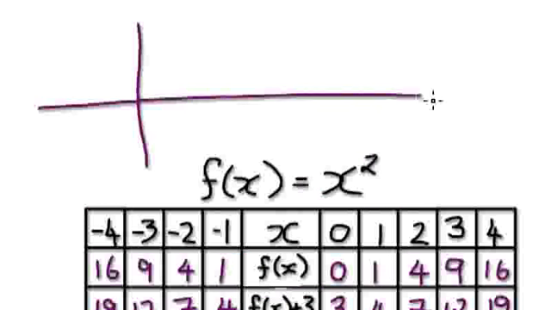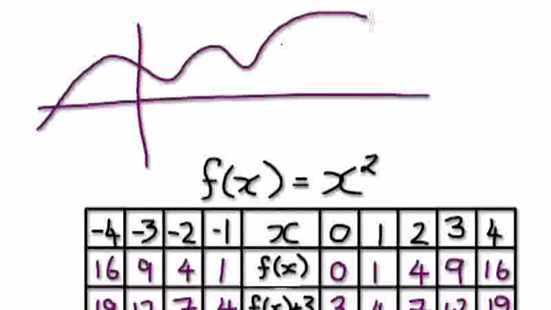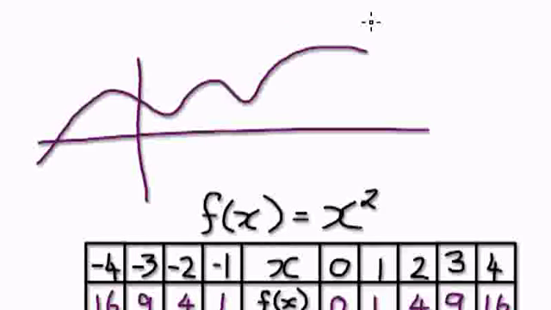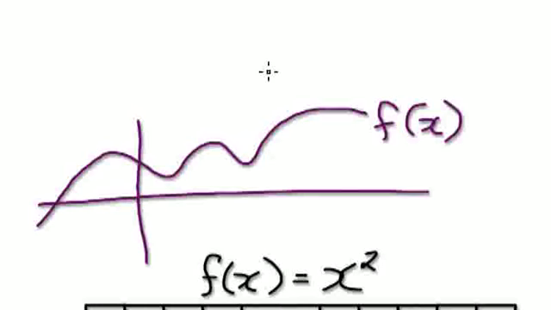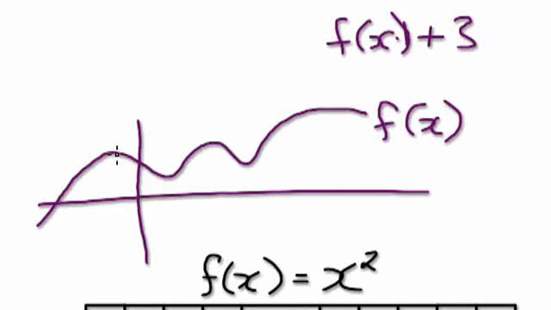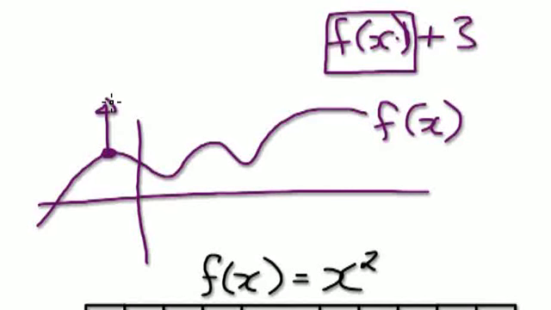Suppose you have a function looking like this. It doesn't matter what function. Let's say this is f of x here. Now, when you want to investigate f of x plus 3, it would be whatever the old value was, this one here, and then you would add 3, so you shift it up by 3, and the new value would be here.